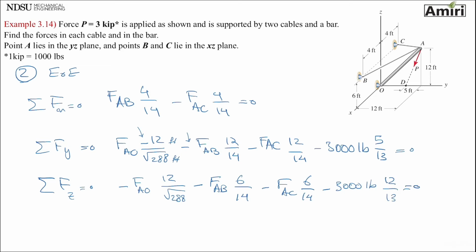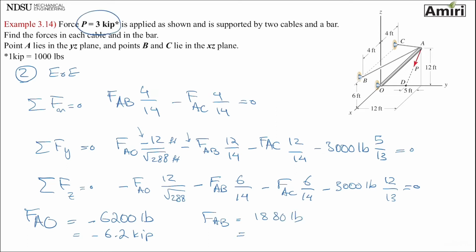Okay, 3 equations, 3 unknowns. Again, I expect you to do this on your own. And as you can see, we got a negative again for one of them. Doesn't matter which unit you use, because the problem gave us P as 3 kip.